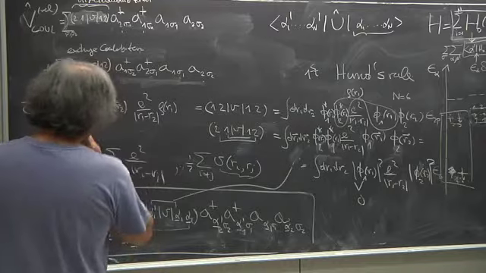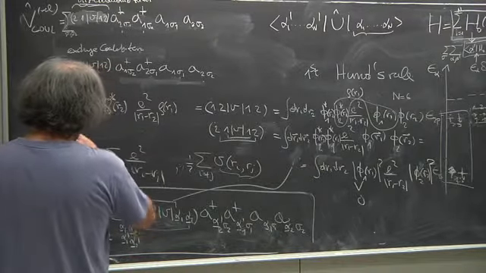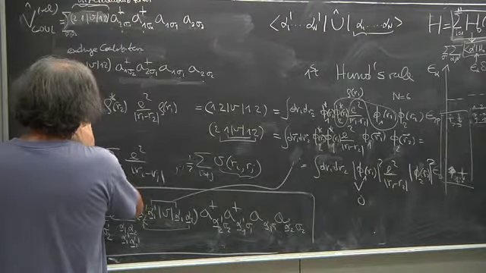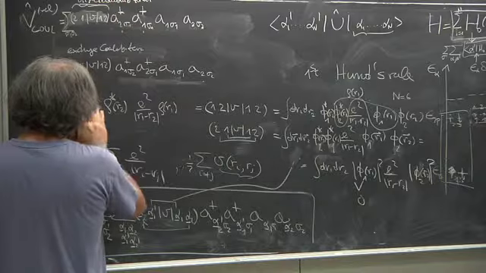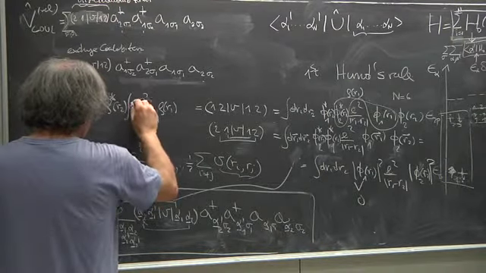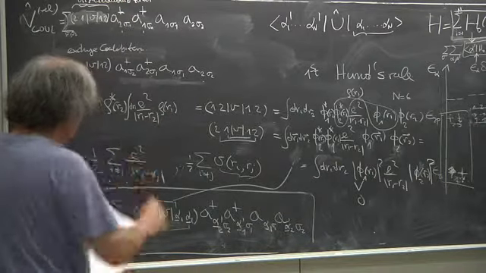If you look at this object, you see that it is a convolution. Write this as integral in dR2, and then I have here an integral in dR1, okay, of this.